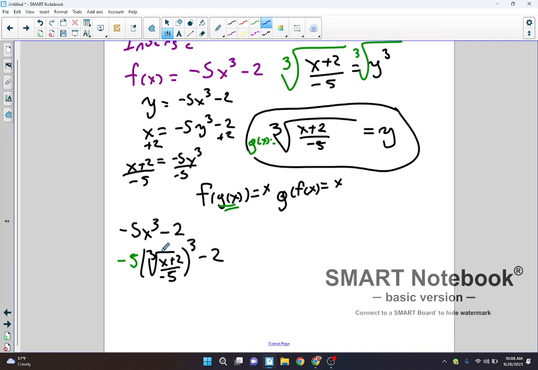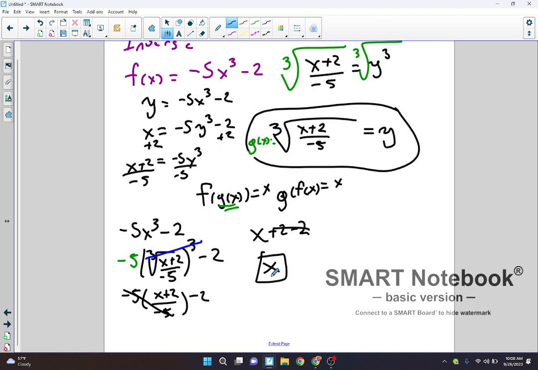Well, the cube and the cube root cancel out. So I have negative 5 times x plus 2 over negative 5 minus 2. Negative 5s cancel out. X plus 2 minus 2. Minus 2 plus 2 cancel out, which is just x, okay?